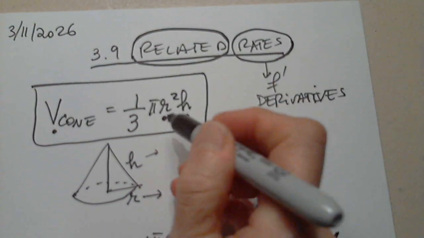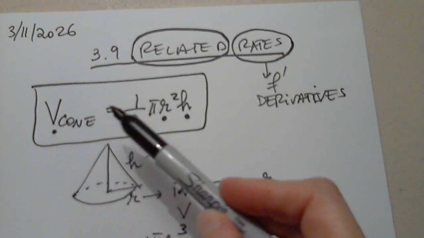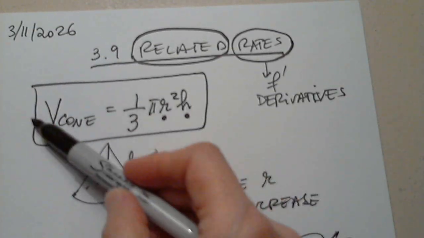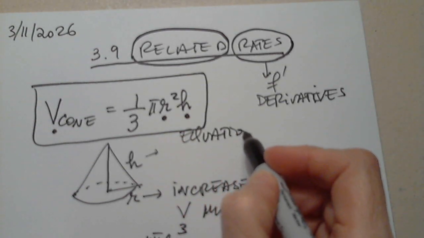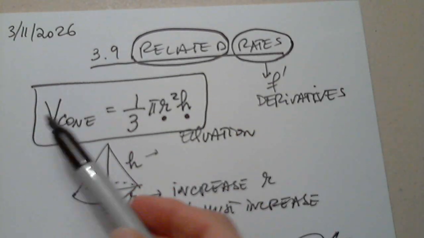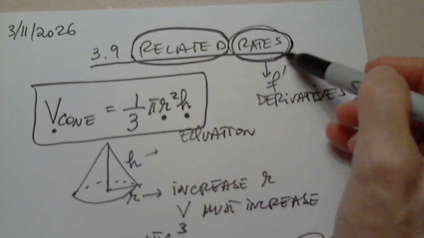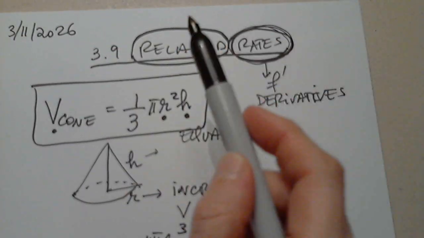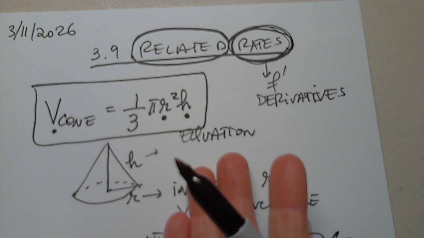Which means these three functions are related by this equation. In this equation, I have the volume, the radius, and the height. Their derivatives, their rates, will be also related. They will be found in another equation.